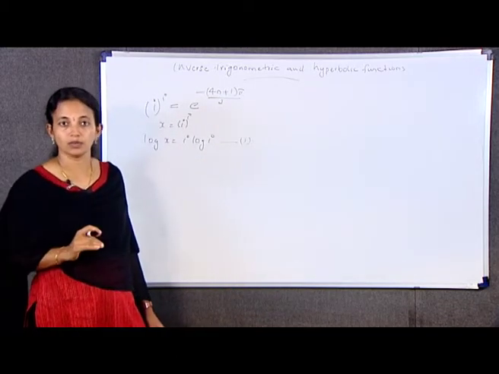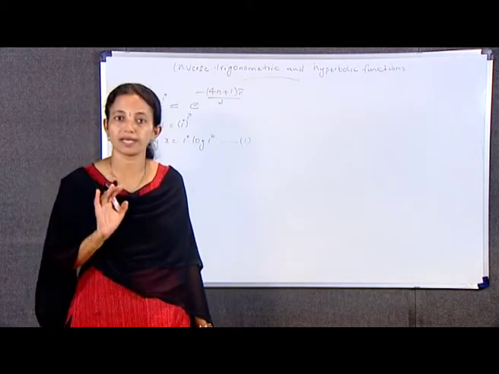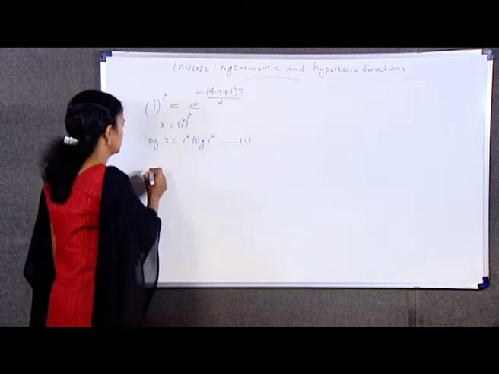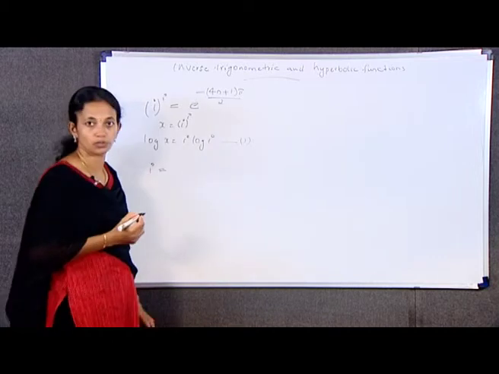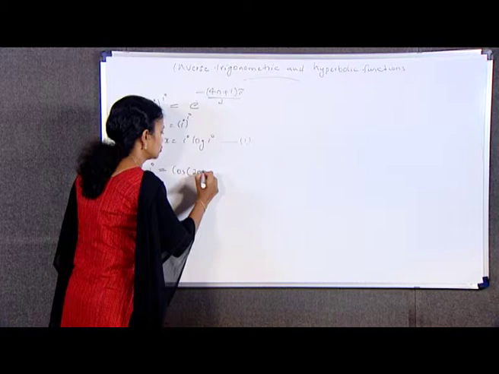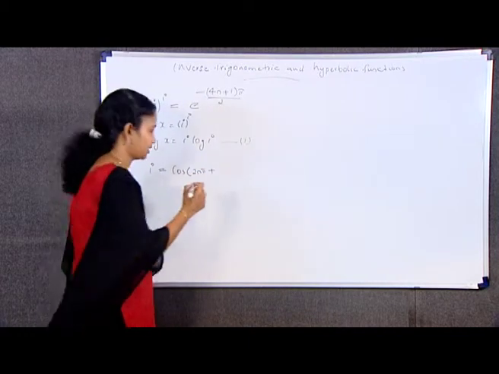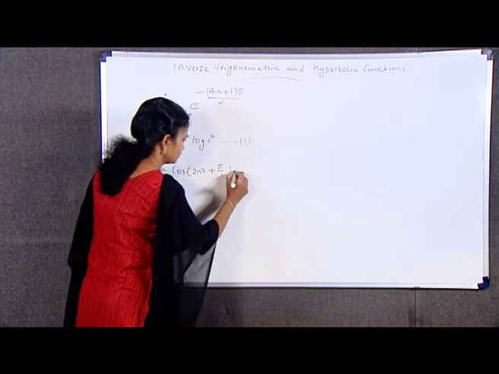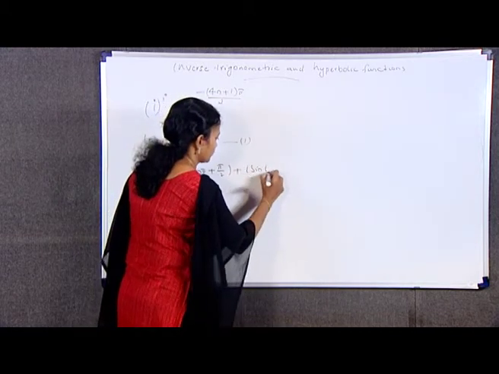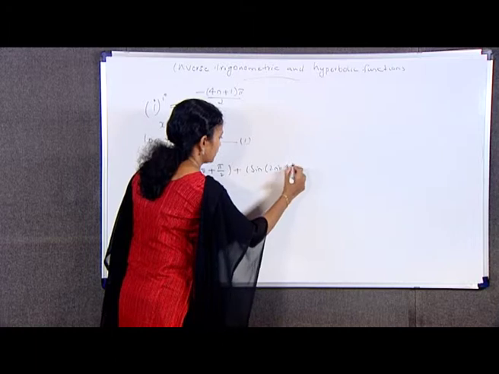Now, i is equal to cos π/2 plus i sin π/2, which we can write as i is equal to cos(2nπ + π/2) plus i sin(2nπ + π/2).